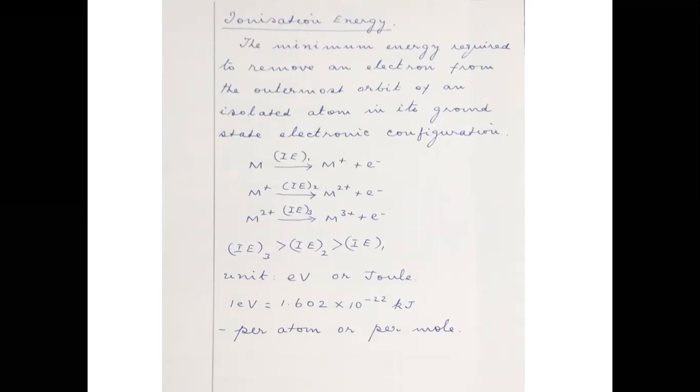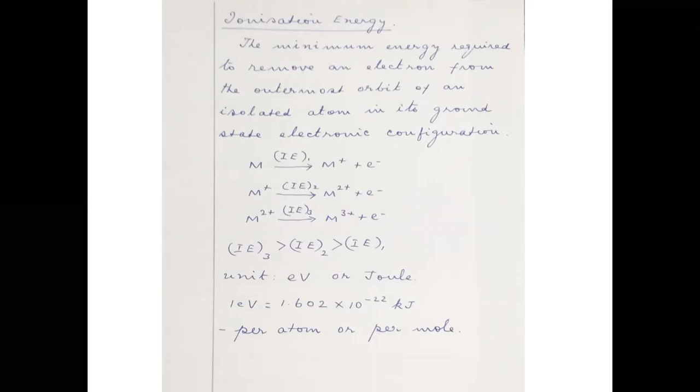If I give 30 kilojoule energy, much easily. Therefore, I should not say it is the energy required. I should mention the word minimum. It is the minimum energy required to remove. So try to understand the importance of the word minimum. So what is the minimum energy which is just sufficient to remove one electron?